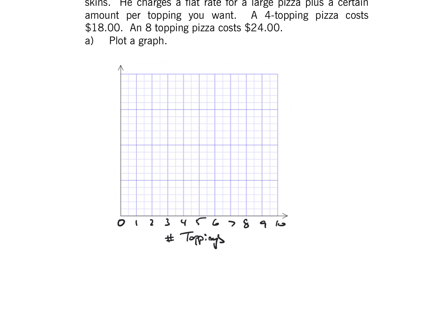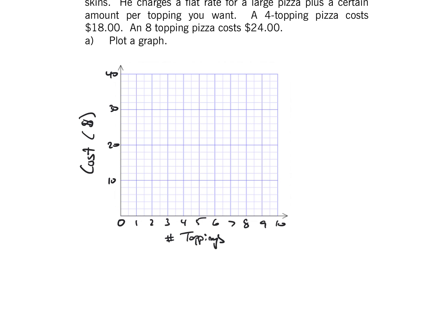I'm going to round it up to 30. So let's say we've got 20 grid squares here. Let's say every grid square is 2. So let's say that's $10, $20, $30, $40. And we're going to say that this is the cost, and it is in dollars.